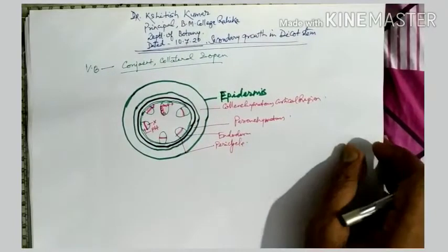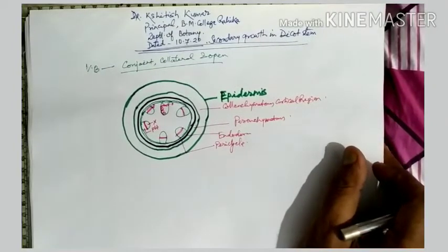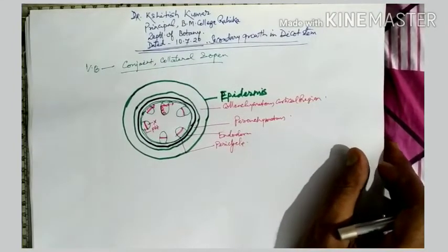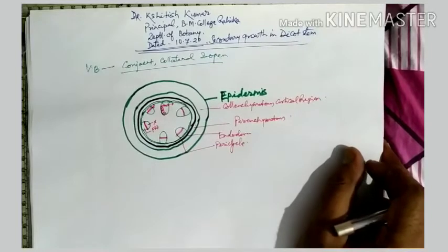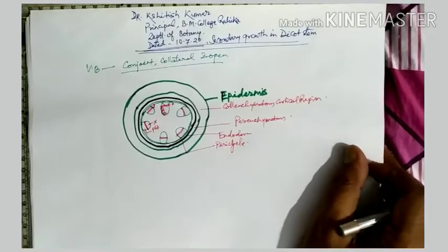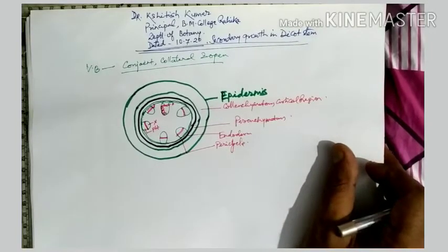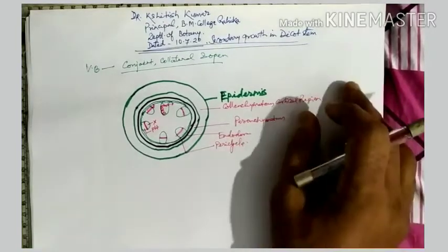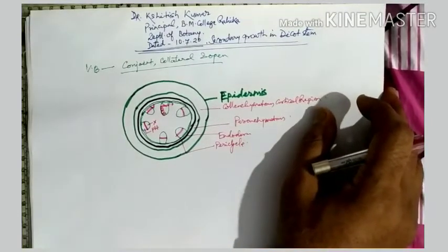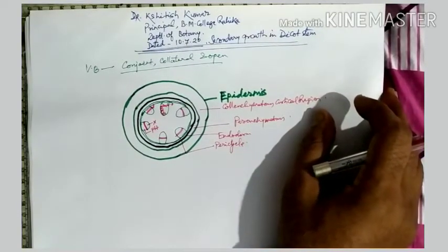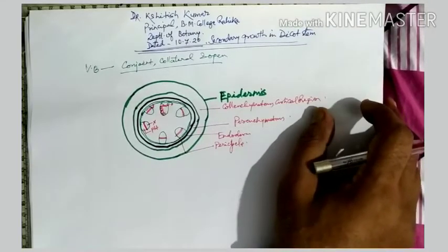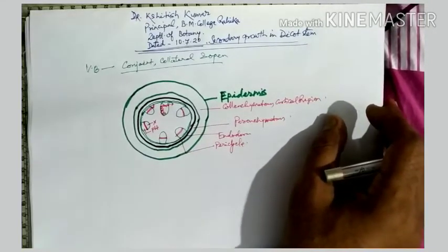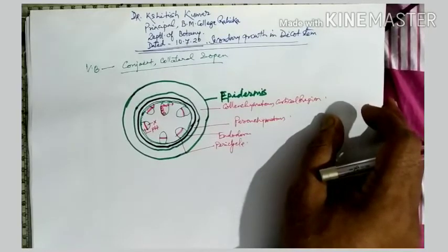The question arises, why does secondary growth take place? Actually, the dicotyledonous plants are generally perennials, means they live for many years, and they are very big in size in comparison to the monocot plants.